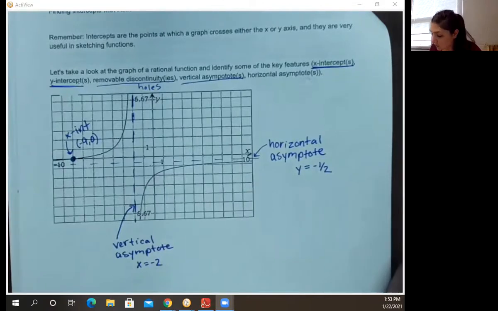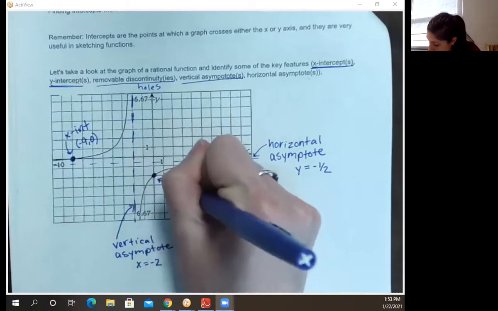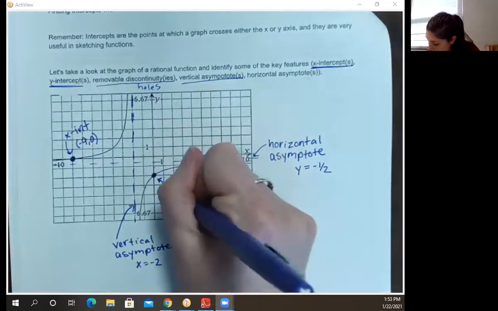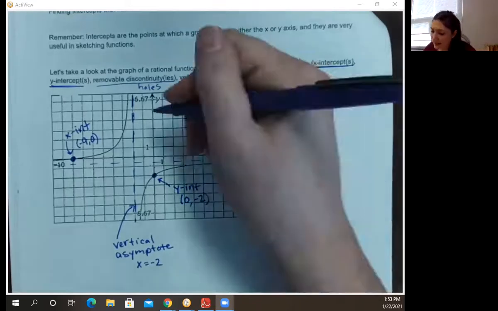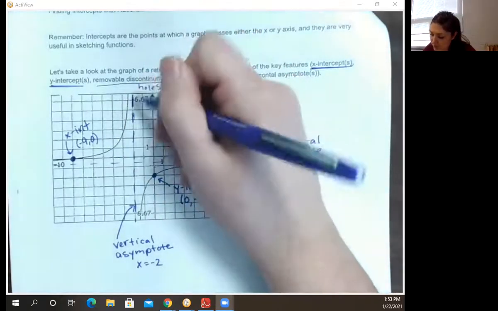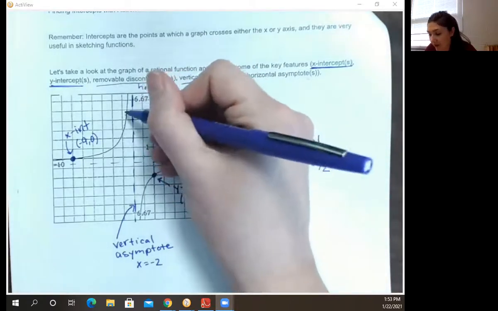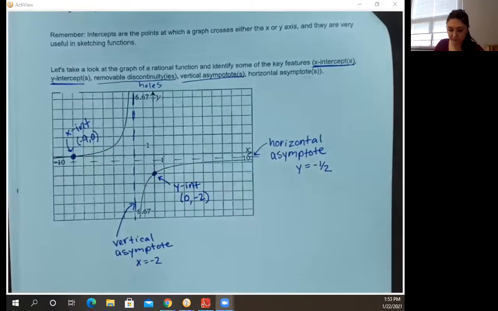And then if I look for any y-intercepts, I've got one right here, and that looks like it's at y equals -2. I won't have any y-intercepts from this portion of my graph because I have this vertical asymptote here, and this section of my graph won't ever be able to cross it.